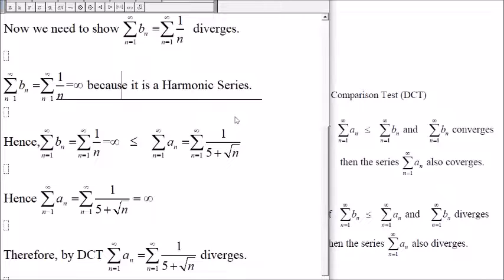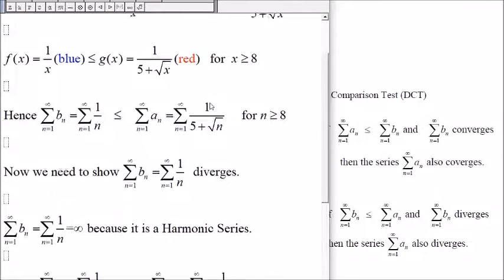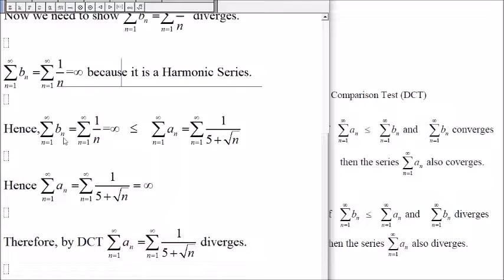And so to review what we just did, we let b sub n be 1 over n. And then we showed that the series b sub n is less than or equal to a sub n for n greater than or equal to 8. And again, in doing comparison of series, we don't care about the first few terms. In this case, we don't care about the first 7 terms. What we care about is the terms from 8 to infinity.